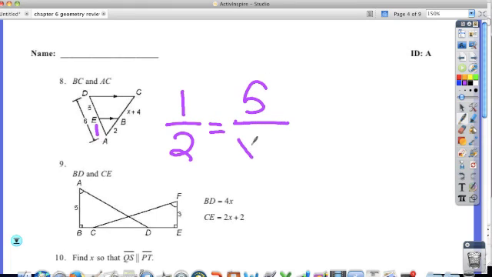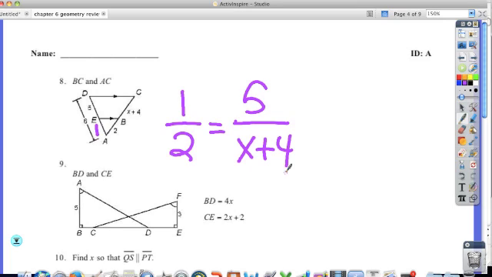Now, if you do this, you might say, wait a second, this bottom here has to be 10, right? Yeah. Question right now? Where do you get the 1 over 2? This whole thing was 6, right? So if this is 5, this has to be 1. So right away I could say that if this is 5, this has to be 10.